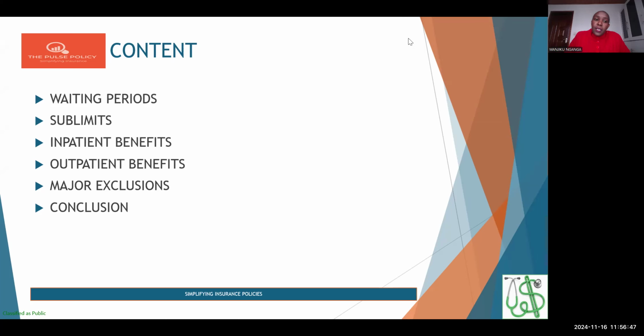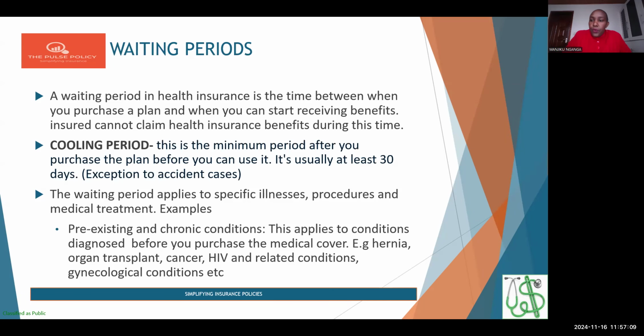There are sublimits that we have within those insurance policies. I'll look in depth at the inpatient benefits that you normally get when you purchase the policy, the outpatient benefits, the major exclusions that we have under the medical cover, and finally we're going to have a conclusion, basically just a look at what we have discussed. So let's look at the waiting periods.